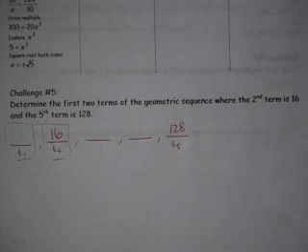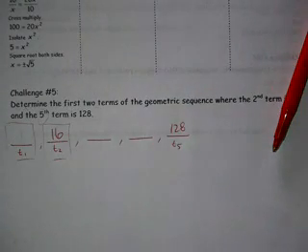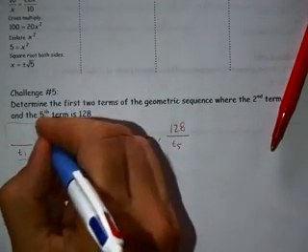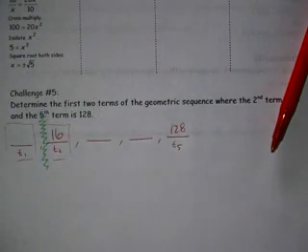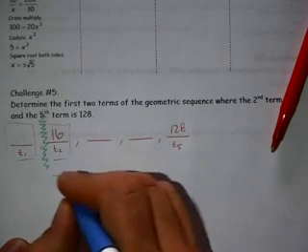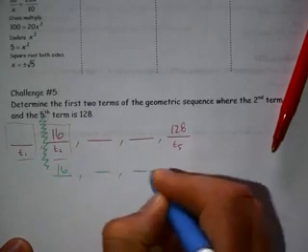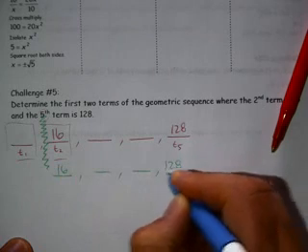What could we do? Could we use T2 as a starting point? That's exactly what we do. Make a little cut in your question right there and redraw this as 16, blank, blank, 128.